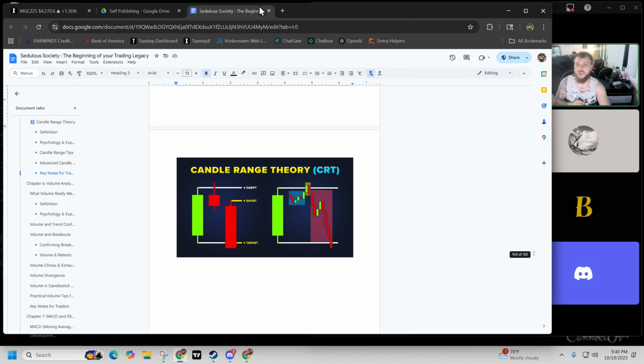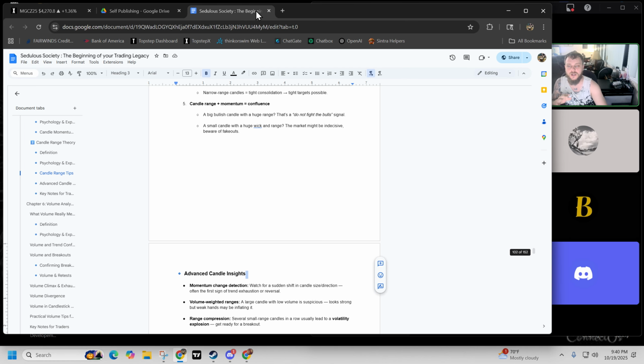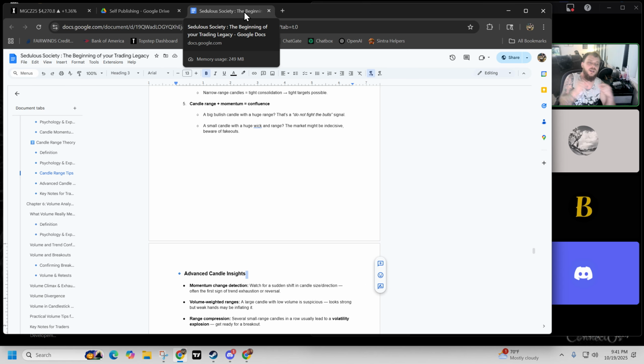All right, perfect. For the most part, I just need to know if you guys understand candle momentum. Candle range theory, we're going to continue on. Do you guys understand candle momentum? The showing of strong candles, weak candles, strong exhaustion, weak exhaustion.